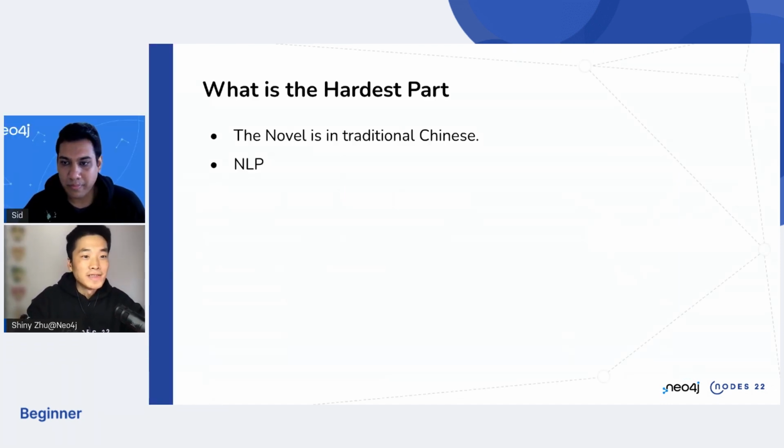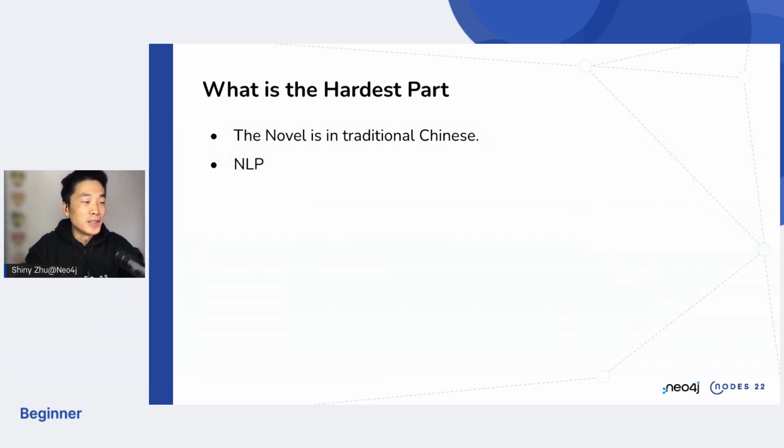Let me share one more thing about the hardest part of this graph building journey. The novel is in traditional Chinese, and it's very hard to understand by human beings.